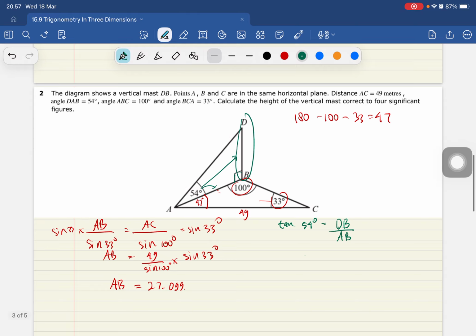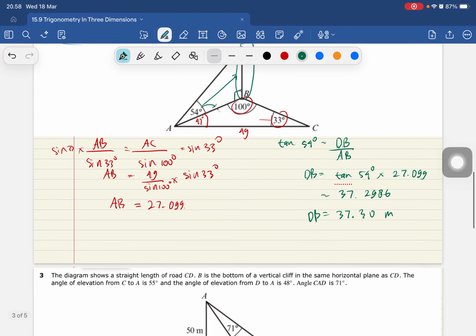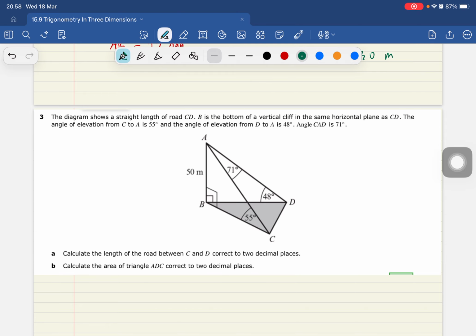AB we know, so DB equals tan 54 degrees multiplied by 27.099. Using a calculator, it's 37.2986. To 4 significant figures, DB equals 37.30 meters.